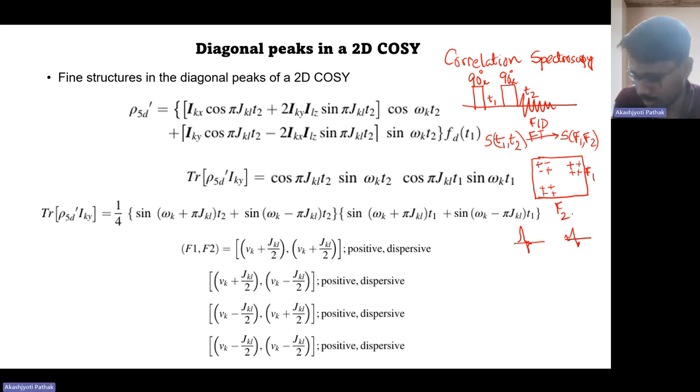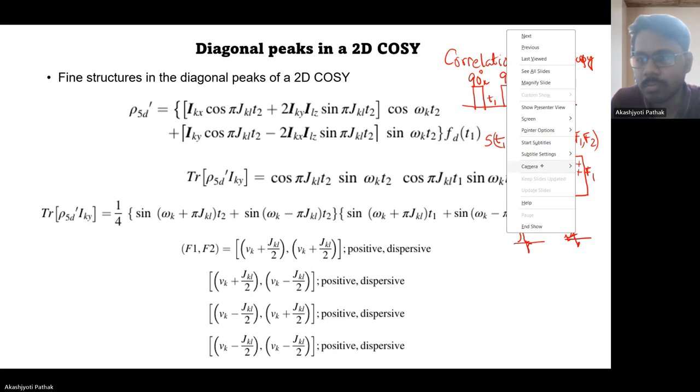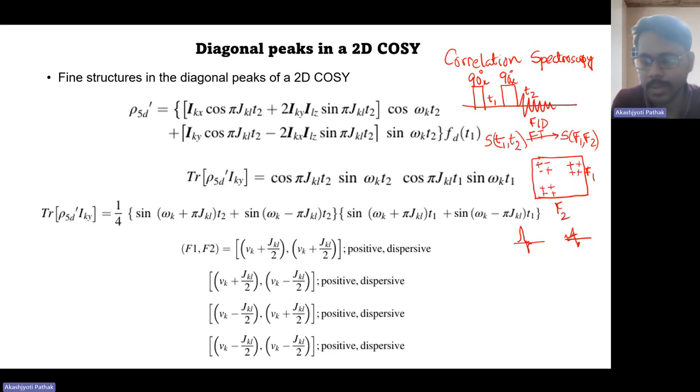So there will be an upper peak, a positive peak and a negative peak in the dispersive peaks. How the shape looks like, we will talk about this. So this is the F1 dimension, and this is the F2 dimension.